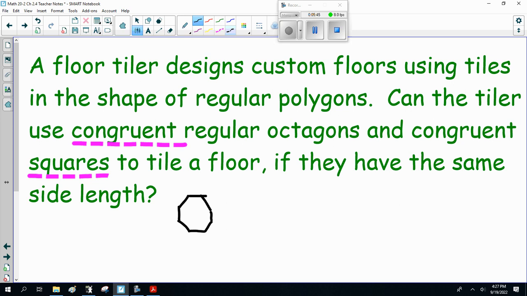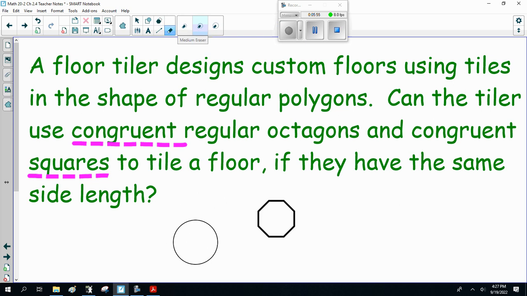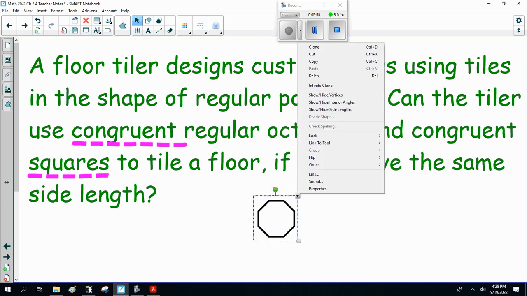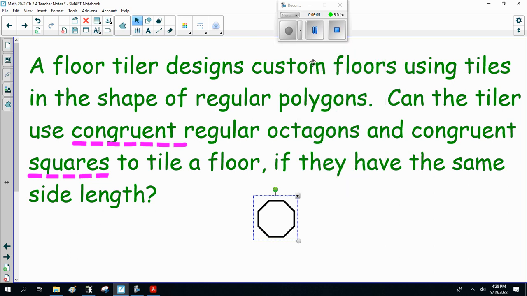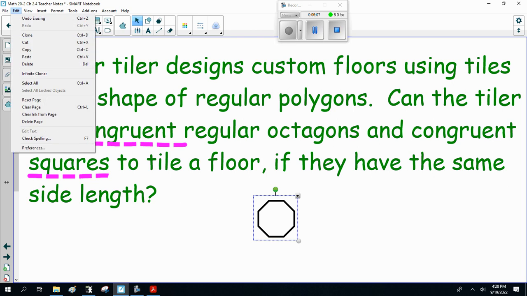So I take an 8-sided. That's a horrible 8-sided one. Oh, yeah, sorry. Here we go. There's a proper 8-sided. That's an octagon. Copy. Edit. Paste.